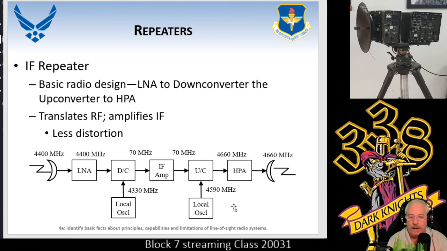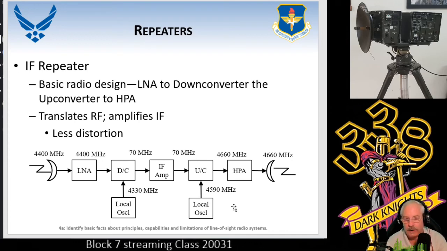When you program it in, you say, I want it to transmit or receive this frequency. The local oscillator sees it and changes its frequency accordingly. When you go to your receive, it's also set up the same way. Once you program those in, they never change.